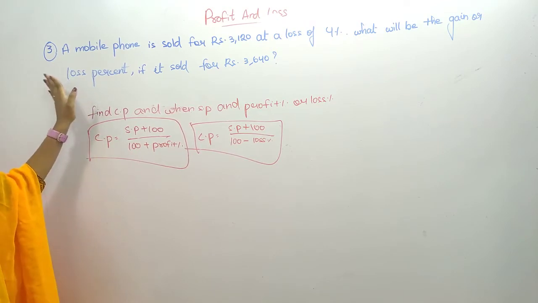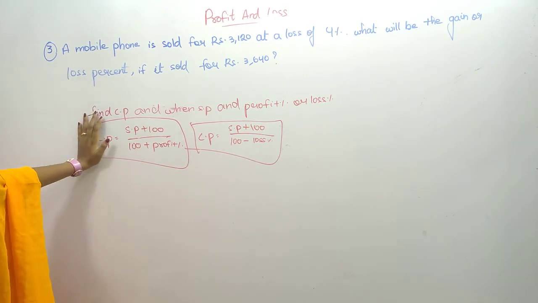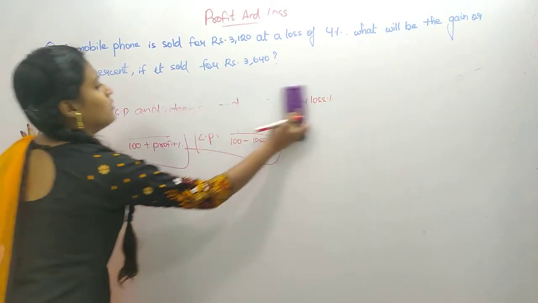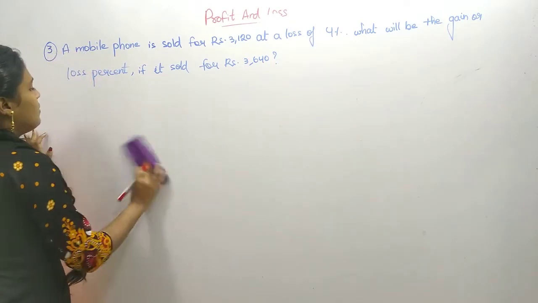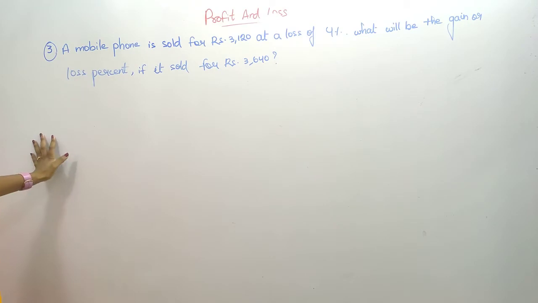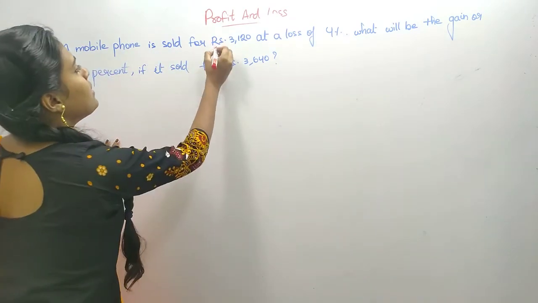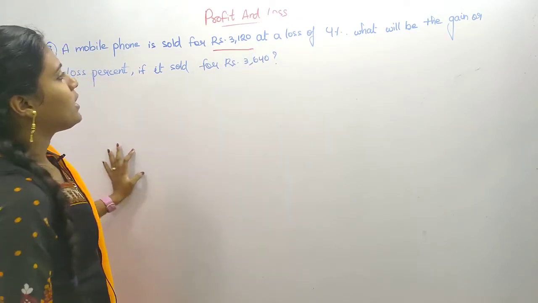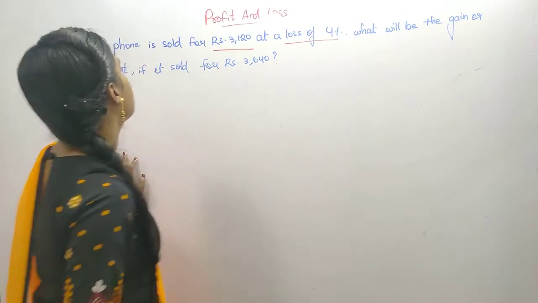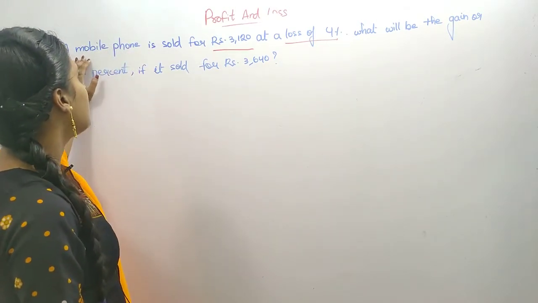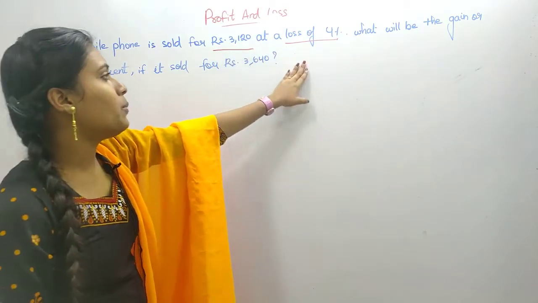Let's solve this question by using this formula. What is given in the question? First you observe what the question gives. A mobile phone is sold for rupees 3,120 at a loss of 4%. A person sold the mobile phone for this much at a loss of 4%.